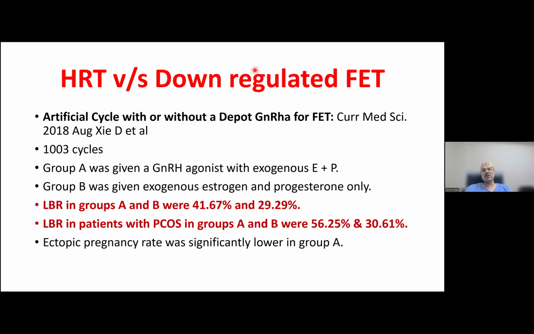And also, more importantly, they found that the ectopic pregnancy rates were much lesser in women who were given GnRH agonist depot down regulation in the previous cycle.